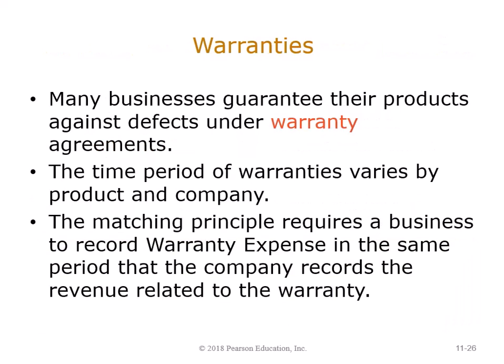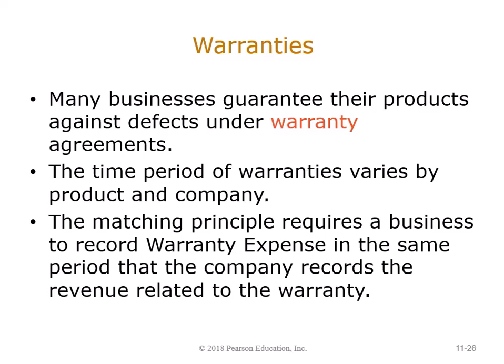Warranties. These are very, very common. Companies offer all sorts of product warranties. And the reality is they never exactly know what the cost of those warranties are going to be. For example, let's say that a company sells a product and they offer a 1 year limited warranty on certain parts.